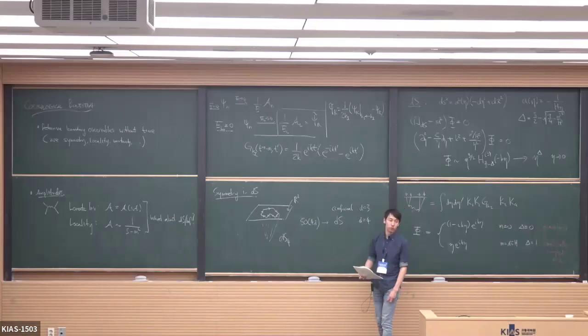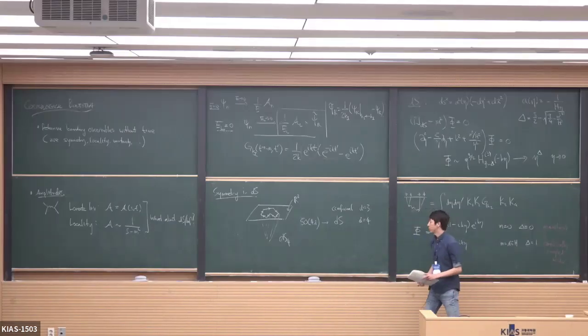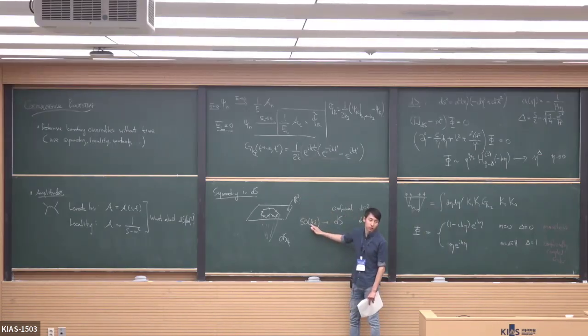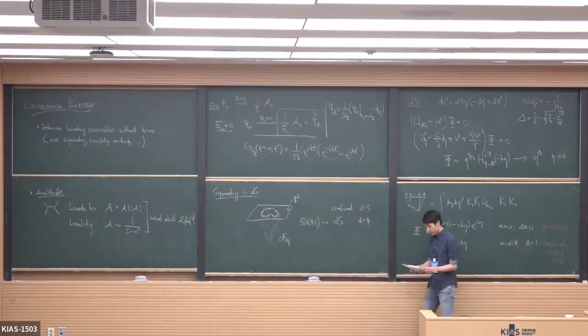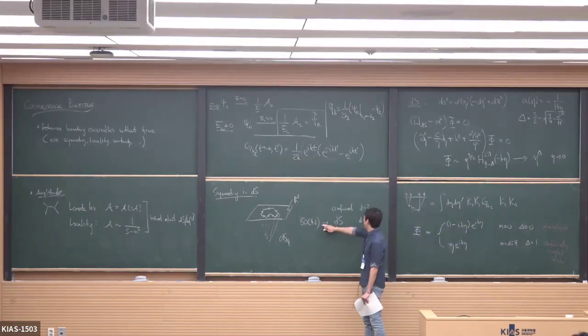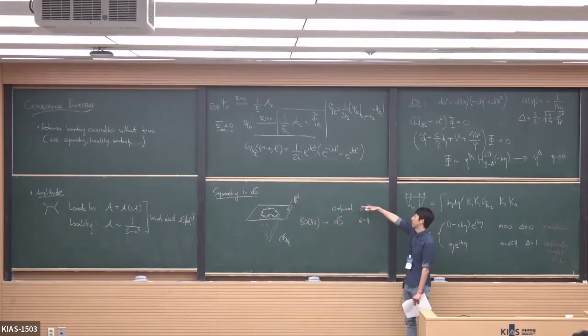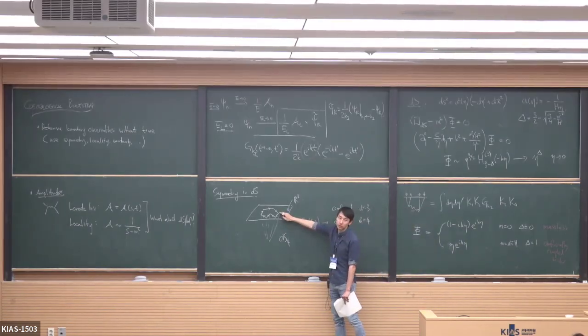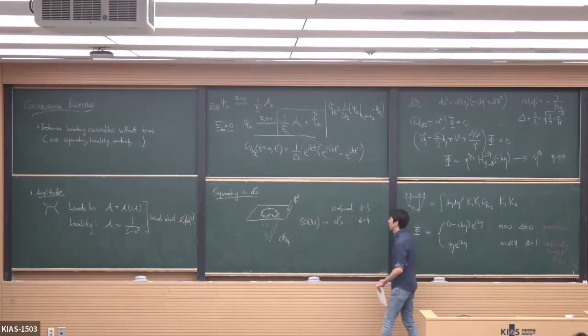In general, the spatial dimension is going to be D plus 1. Okay, and so we can identify this as the conformal group in the boundary 3-dimensional Euclidean space. So what we can do is to try to impose this conformal symmetry constraint on this boundary correlator.